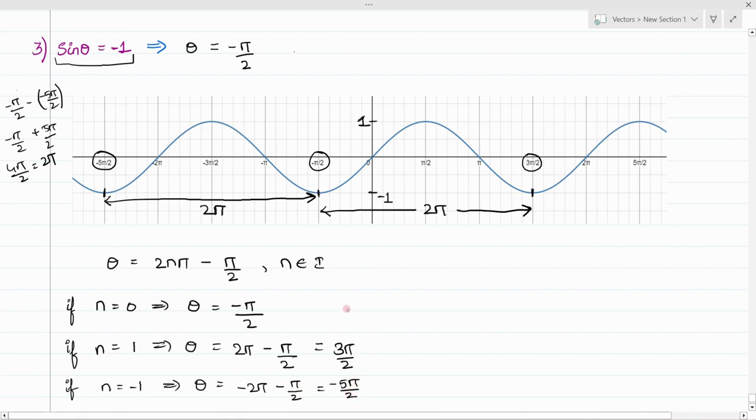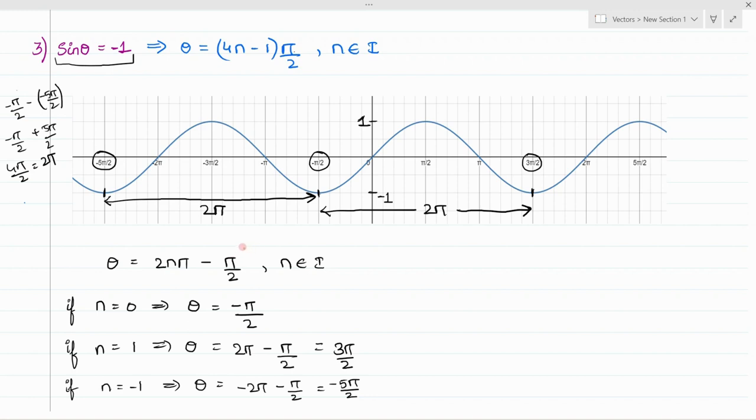So from the graph, we have seen the values and we could verify this using this solution. So we can write the solution for theta as (4n minus 1) into pi by 2, where n belongs to all integers. When you take the LCM from here, you will get this solution.